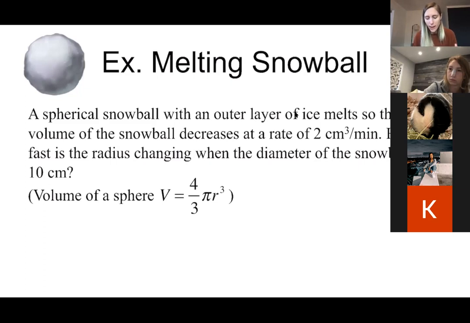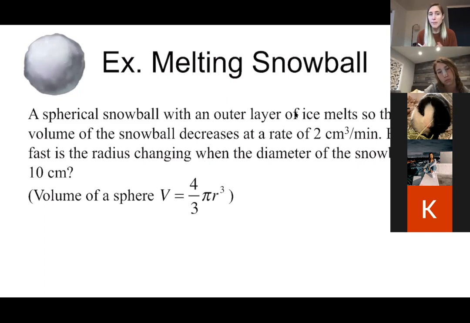How fast is the radius changing when the diameter of the snowball is 10 centimeters? And we're given the formula for the volume of a sphere: V equals 4/3 pi times r cubed.